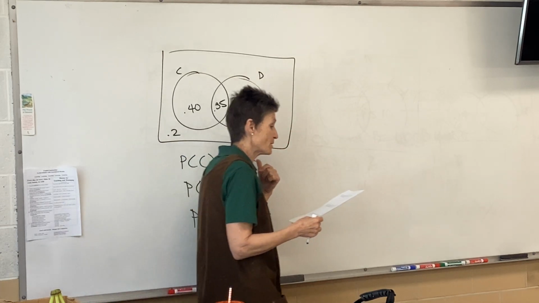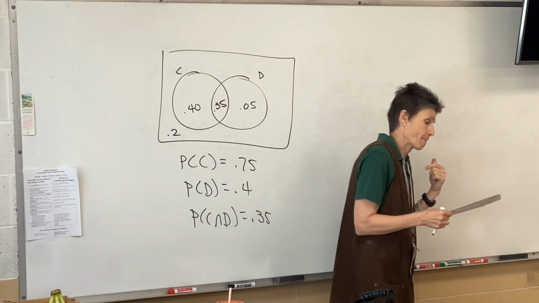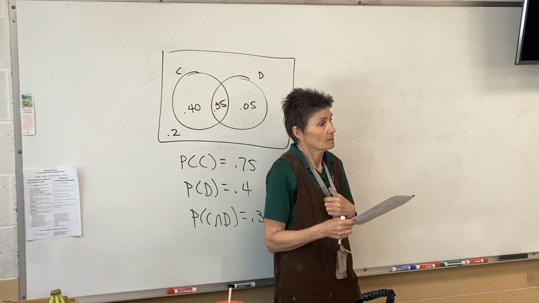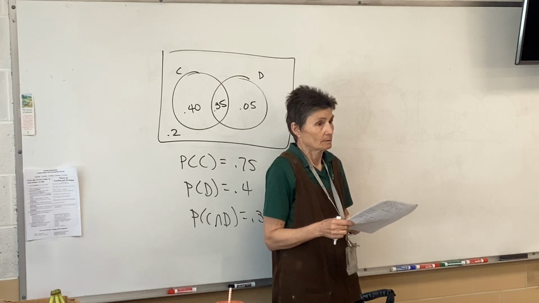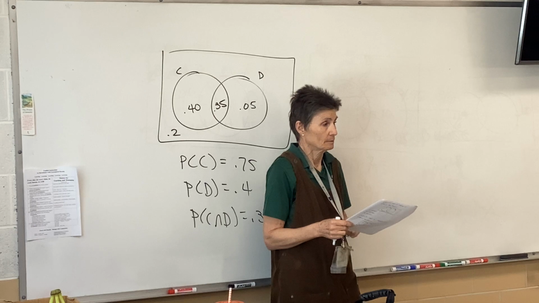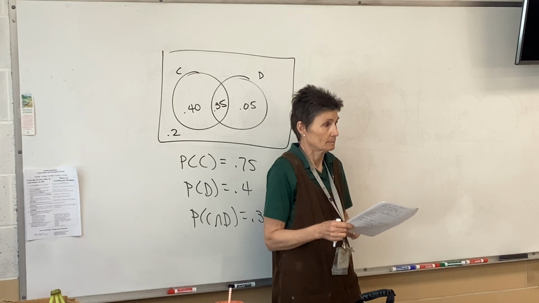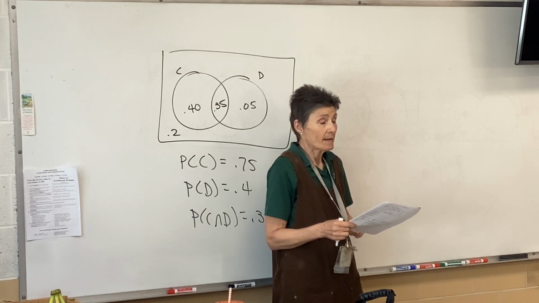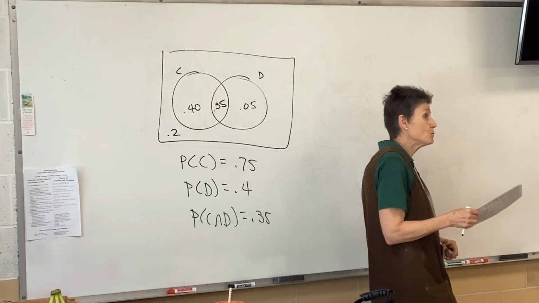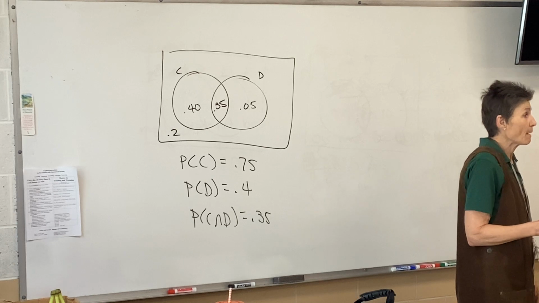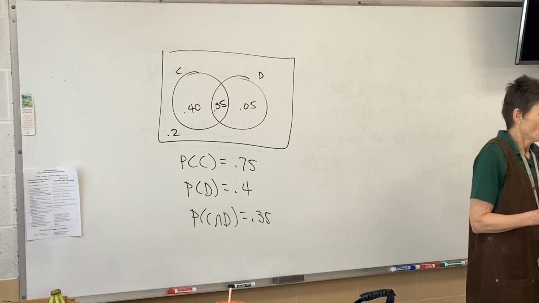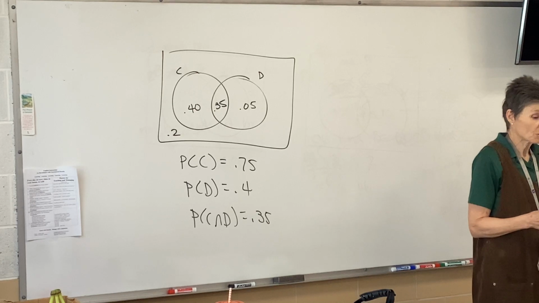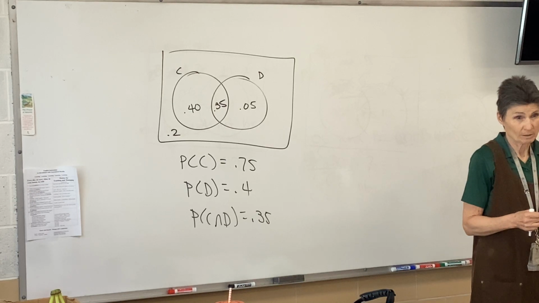Okay, so I want you to read question 7. And would you agree that there are 2 things happening in this problem? We've got issues with raining, and we've got issues with doing homework.